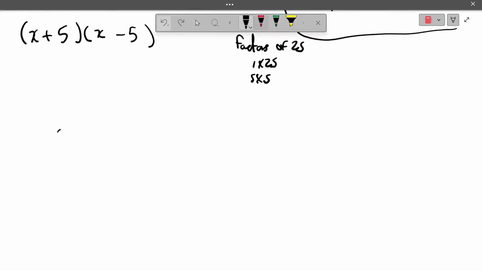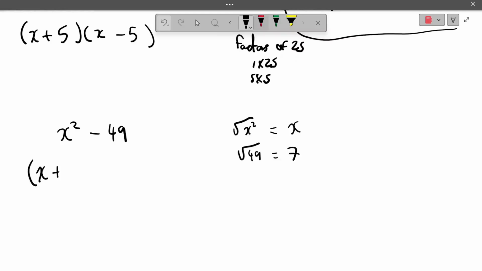So if I had x squared minus 49, for example, I'm going to do the square root of x squared, which is x, and the square root of 49, which is 7. And I just go x plus 7, x minus 7.